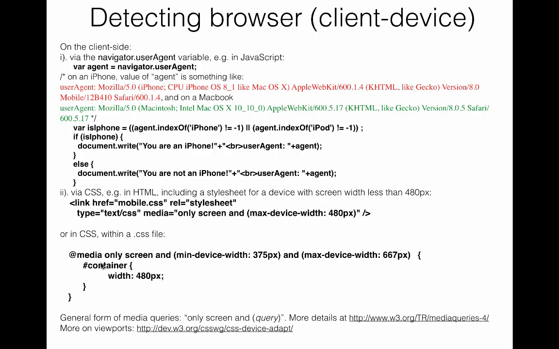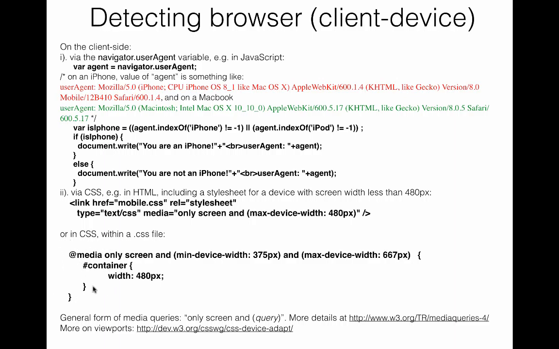And this rule will only apply for screens with minimum device width 375 pixels and less than 667 pixels. So this is a CSS rule that only applies to devices whose width is between 375 pixels and 667 pixels, right? So you apply this rule.